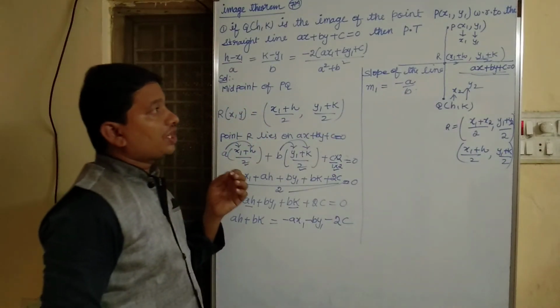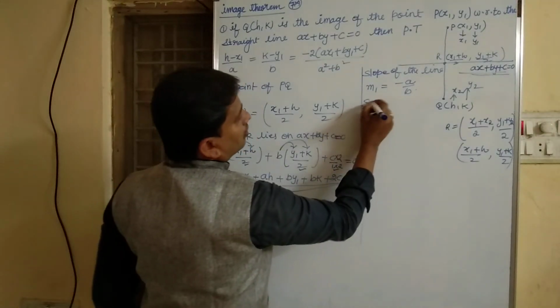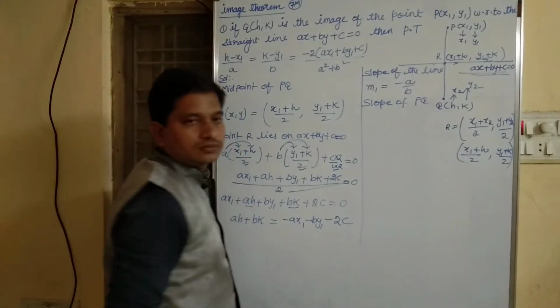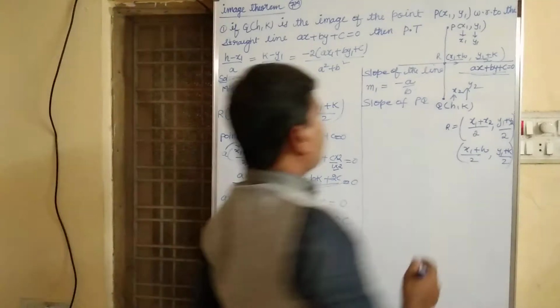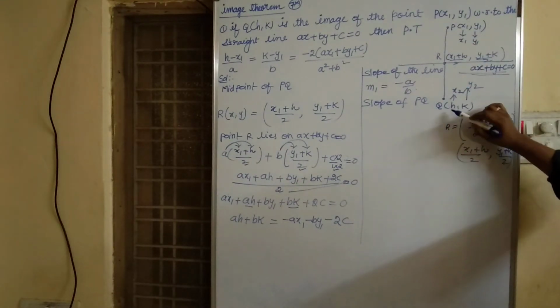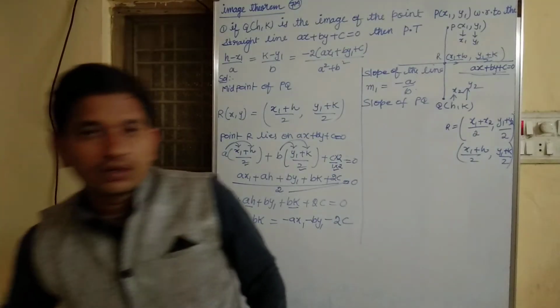Also we need to find the slope of PQ. Here point P is x1 comma y1 and point Q is h comma k. What is the slope formula?